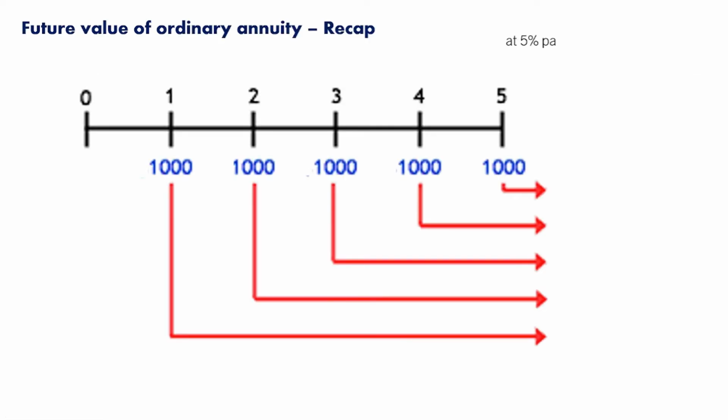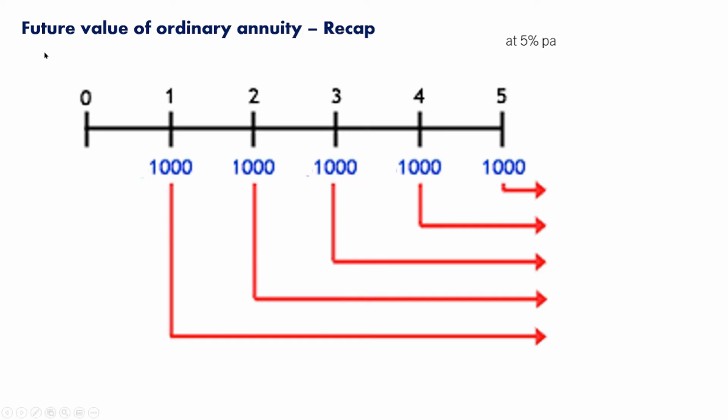Now before moving to the problems on sinking fund, we will have a recap on the future value of an ordinary annuity. In annuity, there are two types. One is where the payment is made at the end of each time period, that is ordinary annuity, and the other is where the payment is made at the beginning of each period, that is called annuity due.